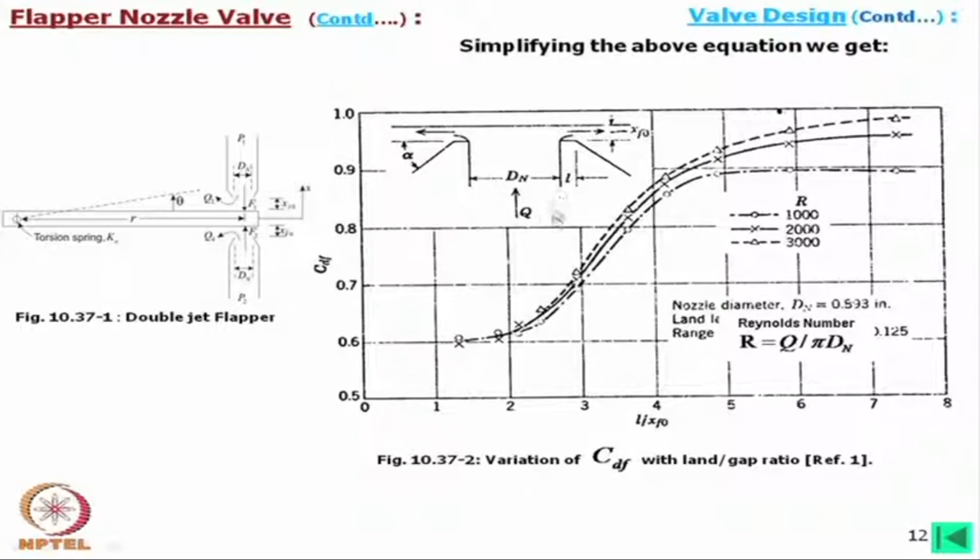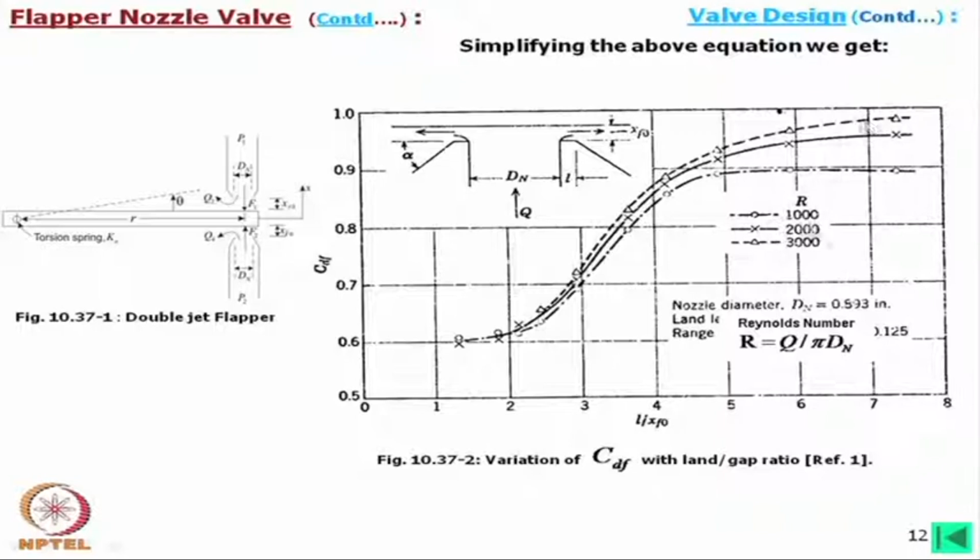The Reynolds numbers are say 1000, 2000 and 3000, and for that the coefficient of discharge varies from 0.6 to almost 1, 0.9598, something like that.